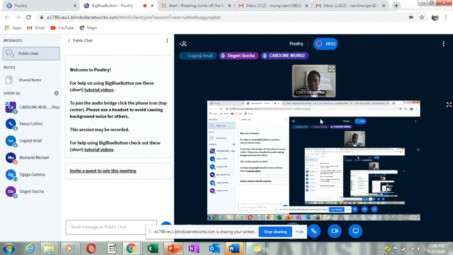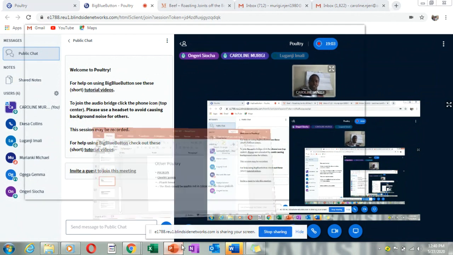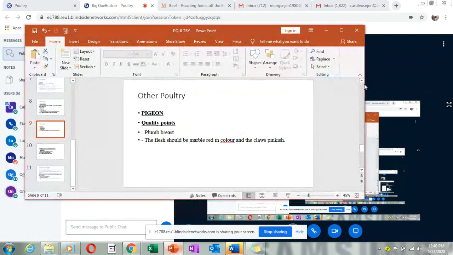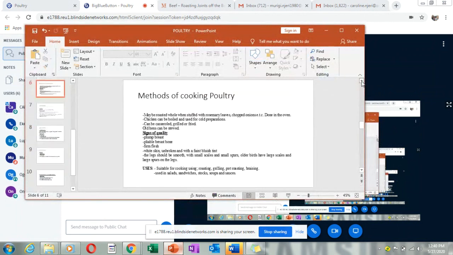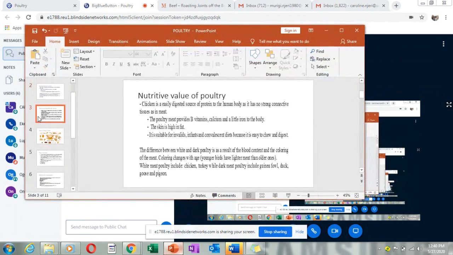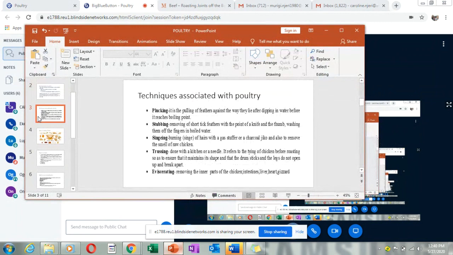Then we look at the preparation technique for chicken. How do you prepare the chicken? There is the plucking, which is the pulling of feathers. I think all of us are very familiar with that.